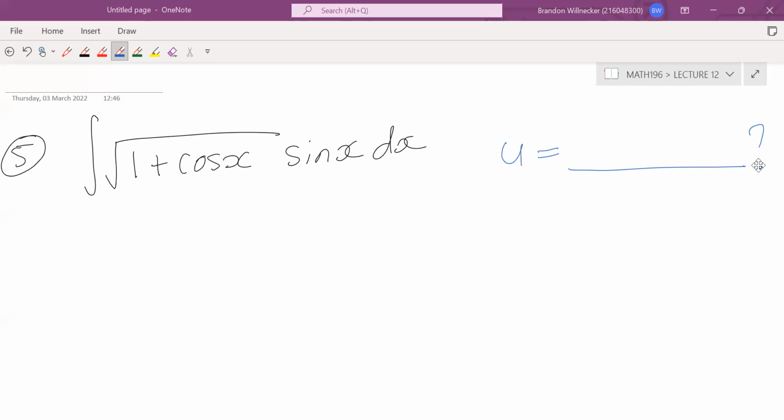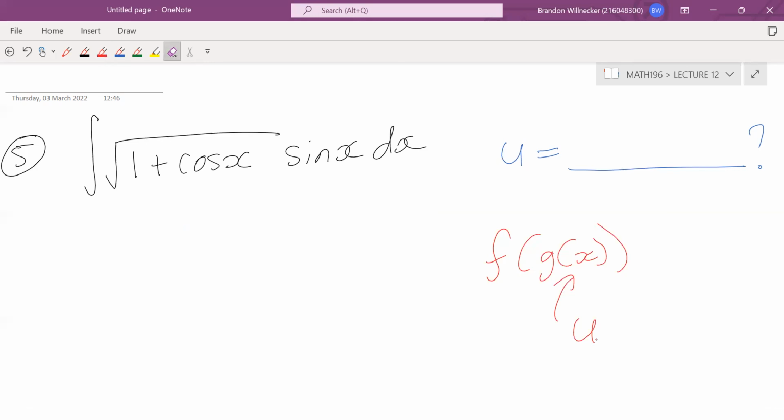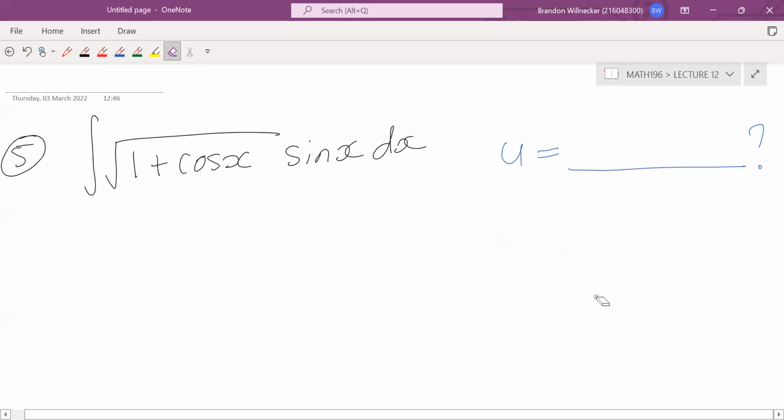The hint as to what u needs to be should be an inside function. So remember you have f of g of x. This inside part, that should be u. Let's take a look at this again. 1 plus cos x. Yeah, the function inside the root. Yeah, that's right.